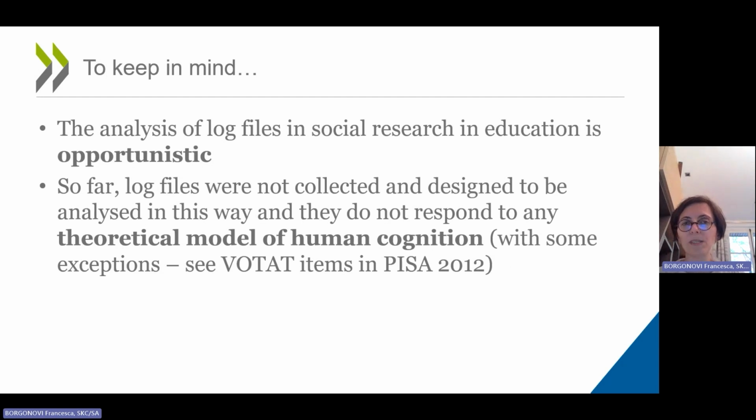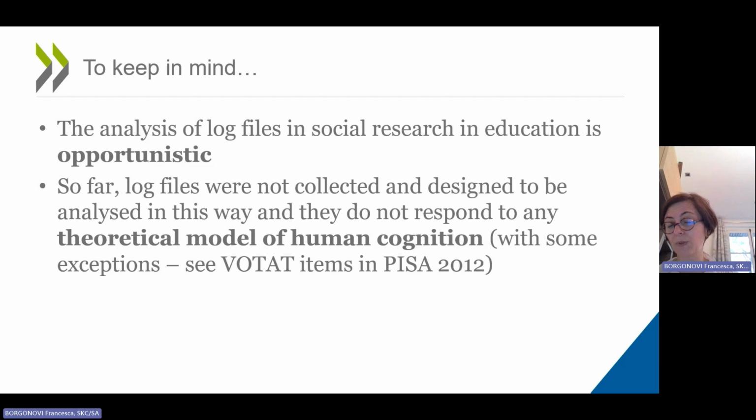Now, at the moment, a lot of the test items haven't been specifically developed using a theoretical model of human cognition, and so they are opportunistic. The way in which information on the test-taking process is collected is not necessarily responding to some ex ante willingness to develop indicators.